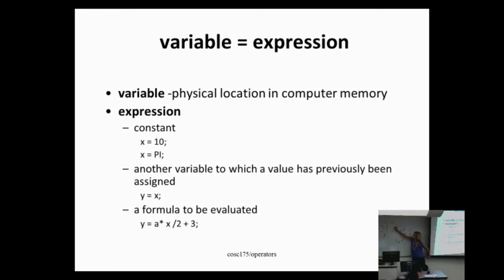X equals 5 right here. Now, what happens if I say y equals x? Start at the right. So x has what? 5. So what does y get? 5. So they don't point to anything the same. I just take whatever's in x and assign that to y. Okay?